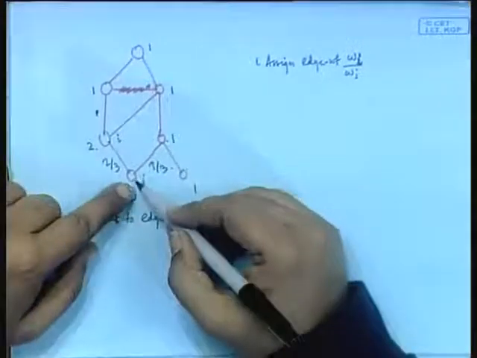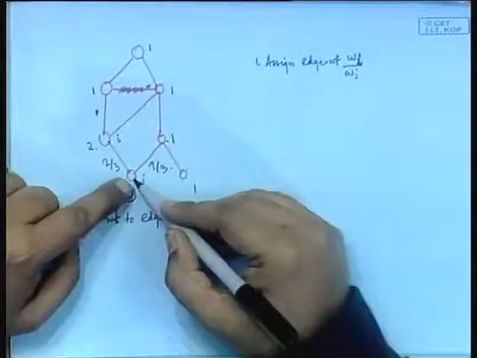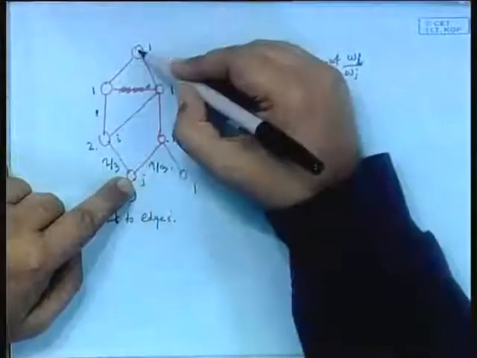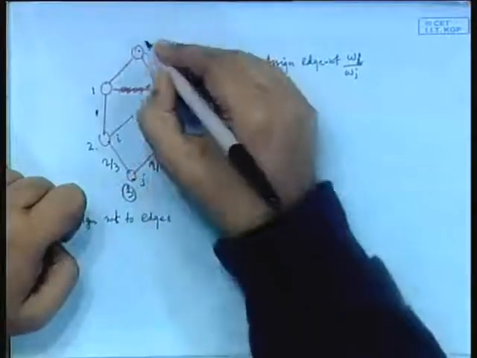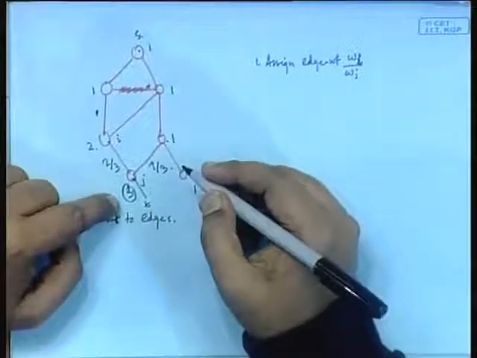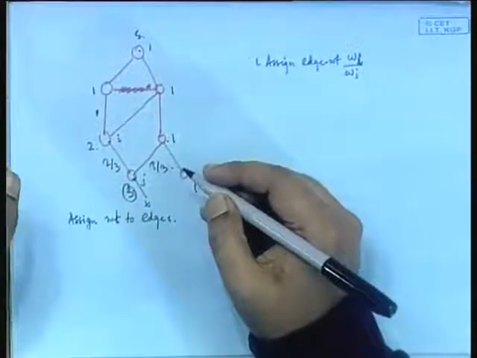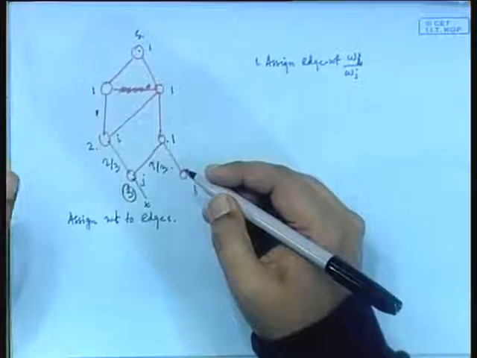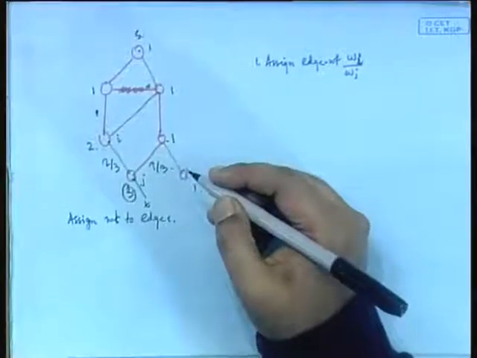See, the assumption is, if I think of this as S and this as T, from S to T there are 3 shortest paths. That means 3 redundant paths or 2 redundant paths.